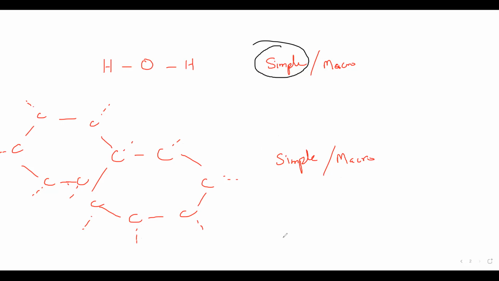So it is a giant structure, or we also say it is a giant macromolecular structure. Is it clear how you can distinguish between a simple and a macromolecule? A macromolecule has an infinite number of atoms, whereas a simple one has a finite number of atoms. Another example, what is the structure? Is it a simple or a macro?